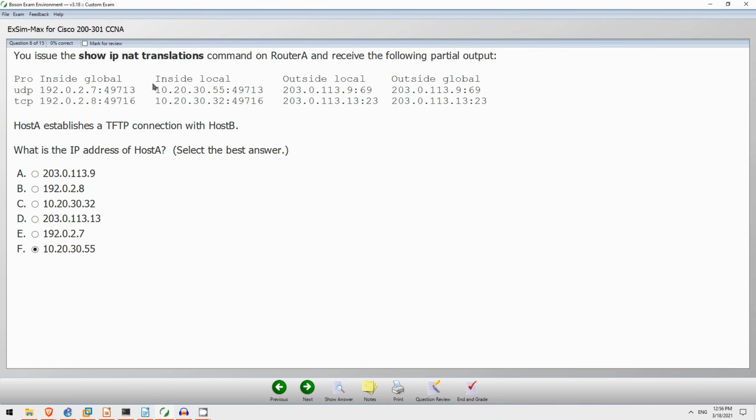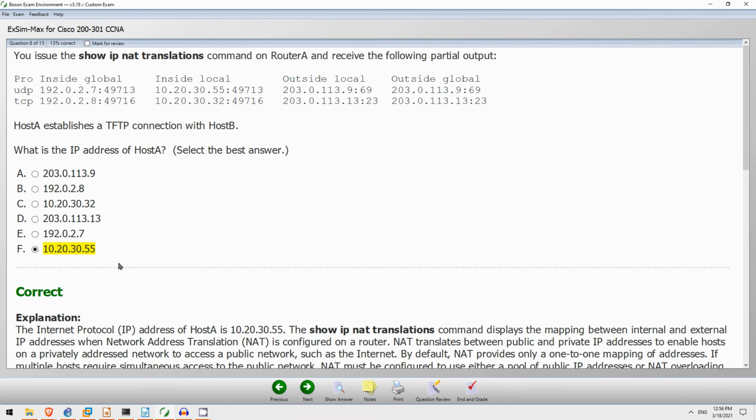It's asking for the inside local address, host A's IP address before NAT, the actual IP address configured on host A. So that's why I think 10.20.30.55 is the correct answer. So I will click on Show Answer, and yes, that is correct.